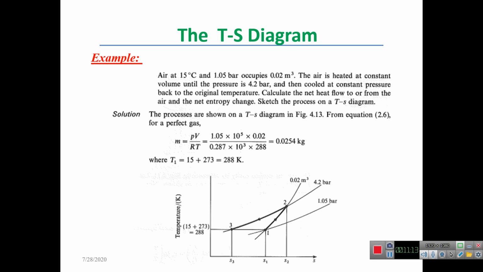Now when they ask for the net entropy change, what is meant is the entropy change between 1 and 3, because we have passed through two processes, process 1 to 2 and process 2 to 3, and what is required is to find the change in entropy between 1 and 3, that is S1 minus S3. Also it is required to sketch the process on a TS diagram.